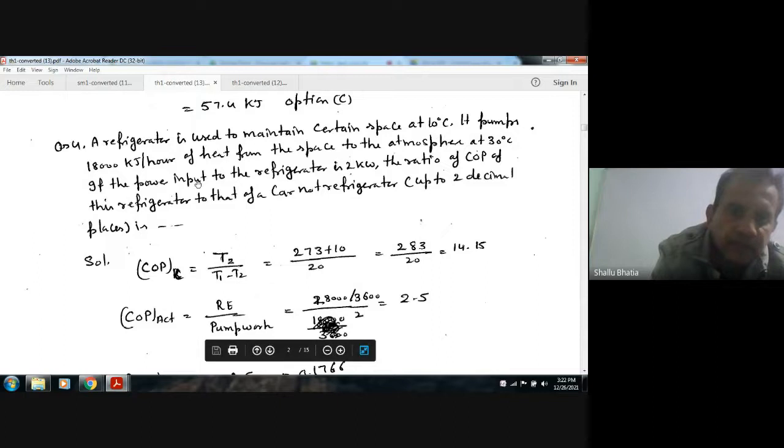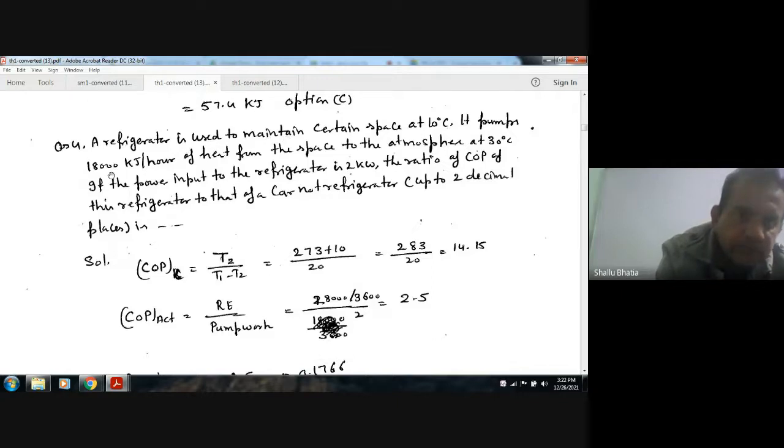Here the refrigerator is maintained at 10 degrees Celsius, so the minimum temperature is 10 degrees Celsius, and it pumps this 18,000 kilojoule per hour of heat from the space. So Q2, the refrigerating effect, is 18,000 kilojoule per hour, or we can convert into seconds by dividing with 3600.